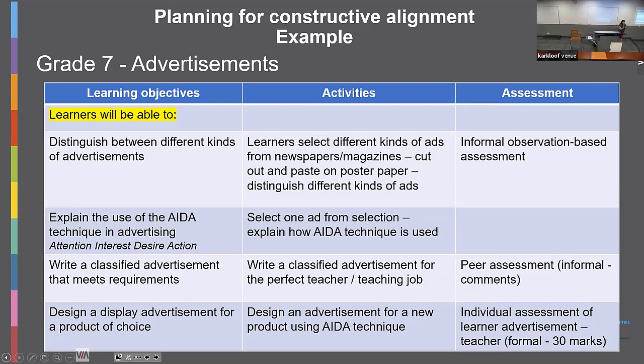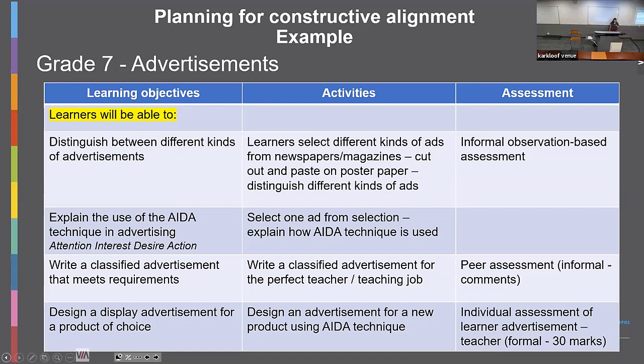So you ask them to write a classified ad for the perfect teacher, if you want to do creative writing, or maybe for a job, a specific type of job description. How will you assess? You will ask peers to assess. Because that's group work, you will ask for peer assessment, and it's informal. The peers are not going to give a mark, but they will give comments to the other group. Could be peer or group assessment.